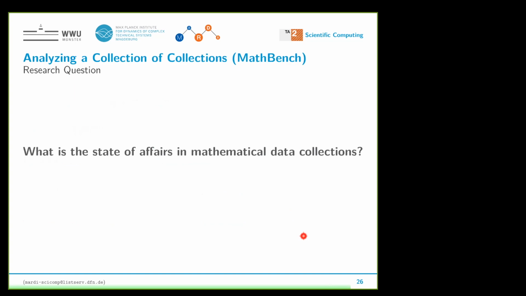So what's the current status of mathematical data collections? And we've searched for data collections that somehow are related to benchmarking in mathematics. So that either claim they have benchmark results, or they have benchmark data sets, or collect benchmark run information in some sense.